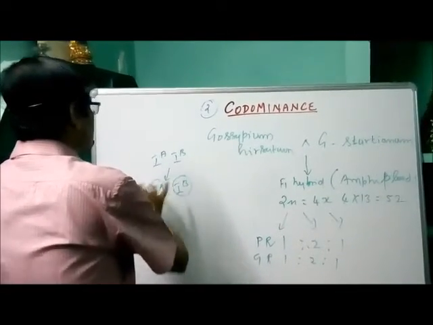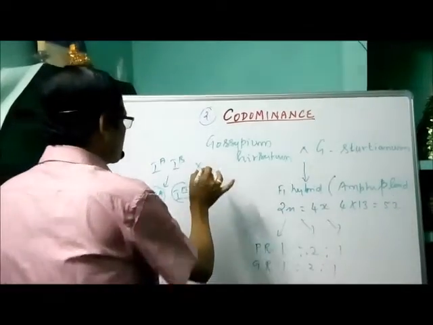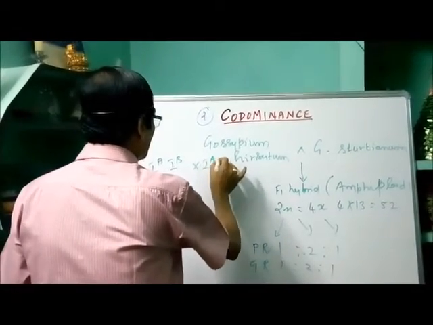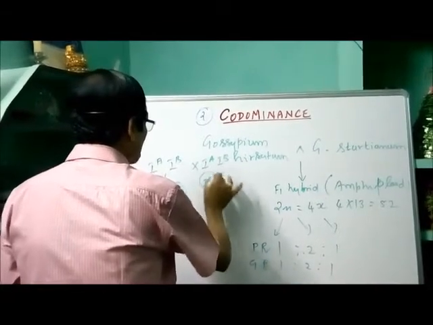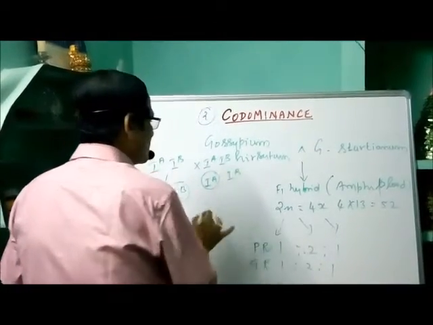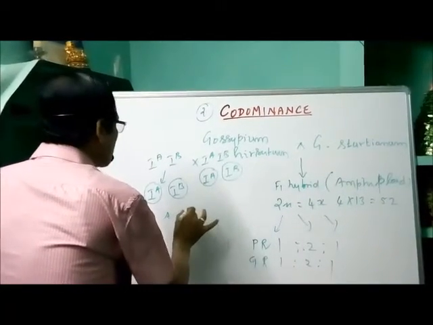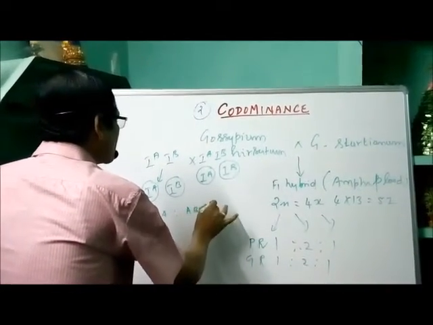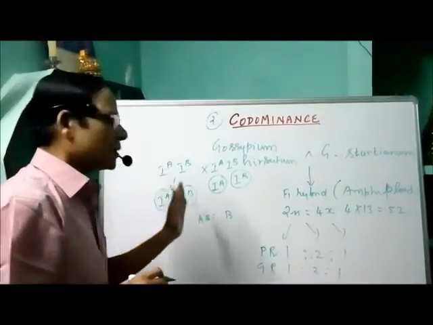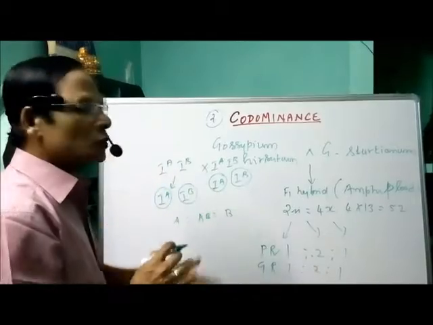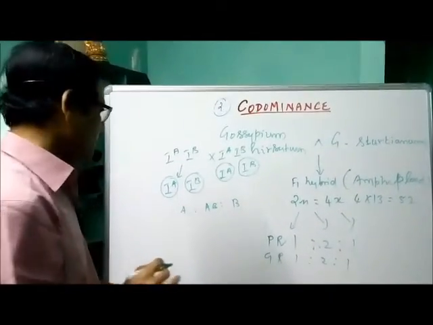If marriage occurs between two AB blood group persons, we get A blood group, then AB blood group, and then B blood group. These are the products obtained when marriage occurs between two individuals heterozygous for A and B.